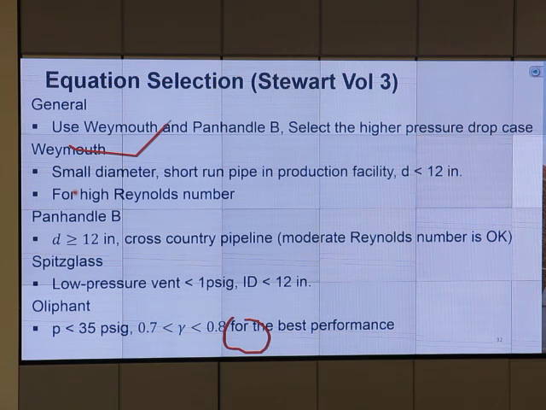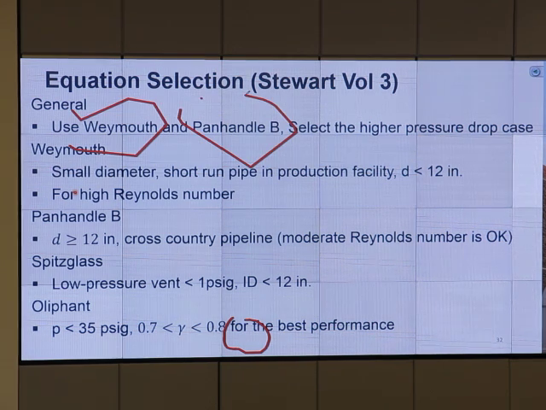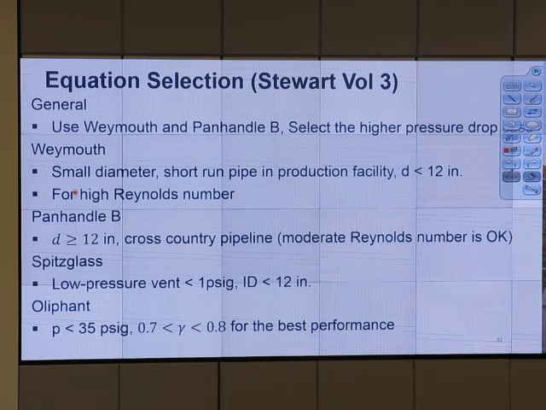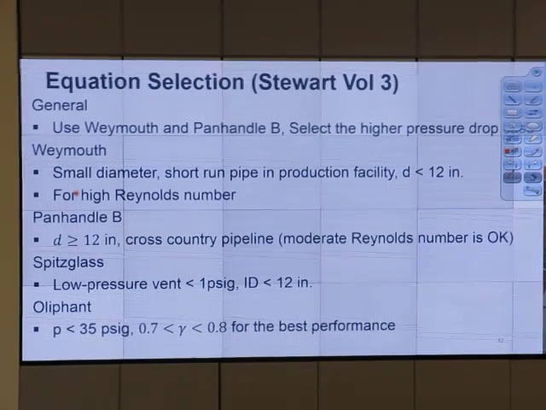Use Weymouth and Panhandle B, use both. Select the higher pressure drop case. That will be the conservative, the best thing that you can do. It's not always that any of them will over-predict pressure drop. Sometimes it under-predicts, so you do both.